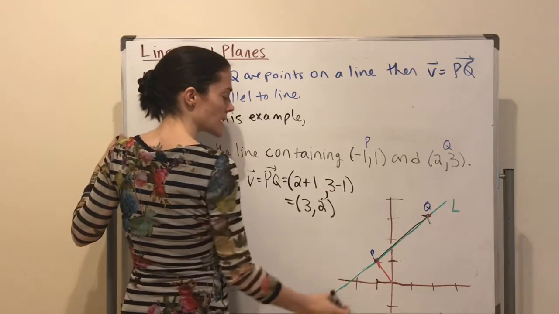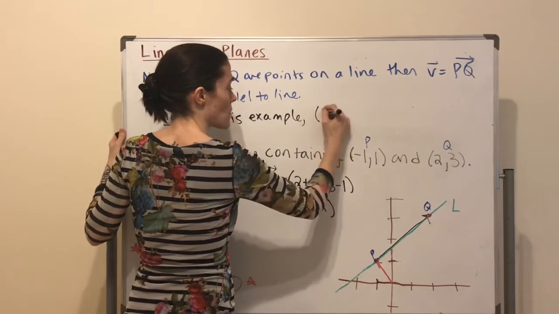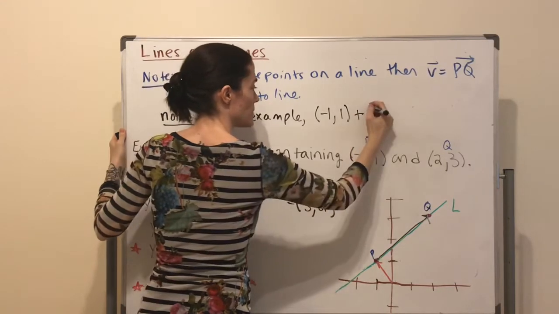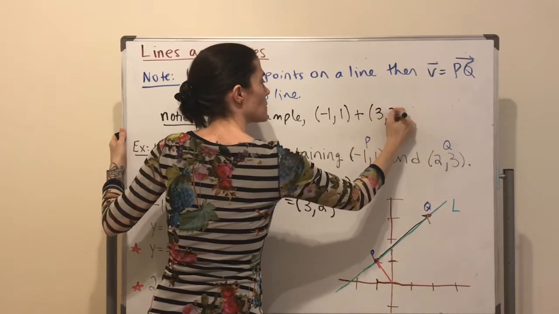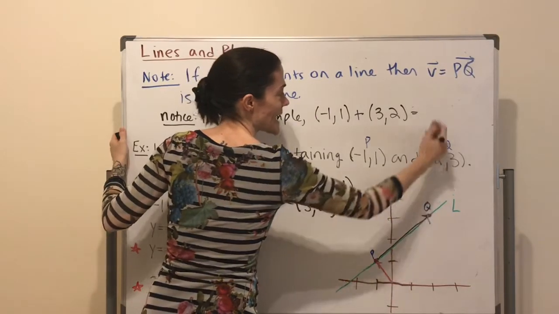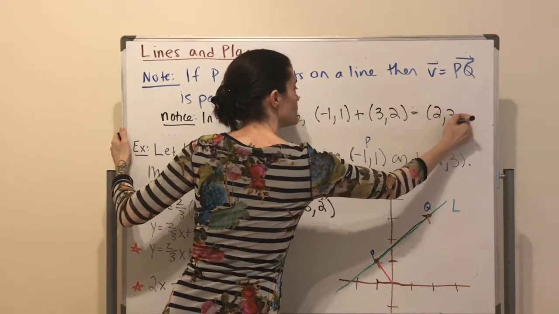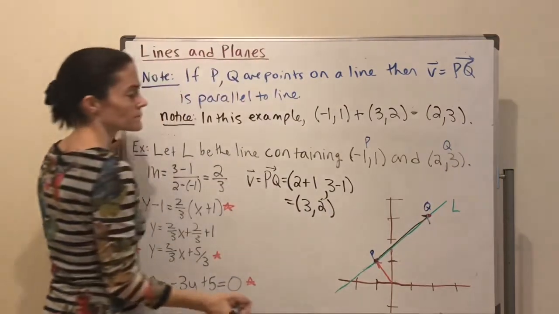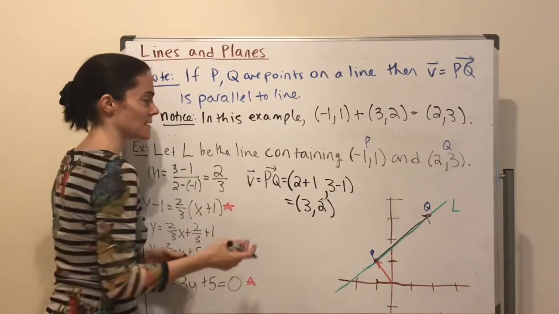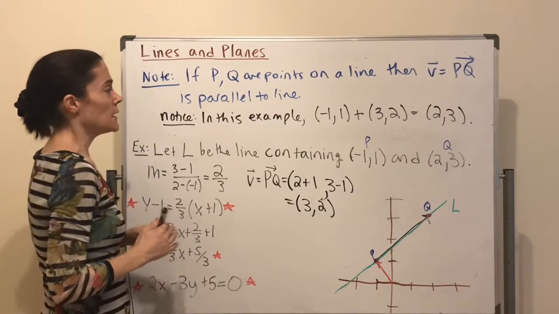So in this example, if I take this plus this vector v, this plus this, I get exactly the point Q. Now you can either see it looking at arrows or you can see it adding components.